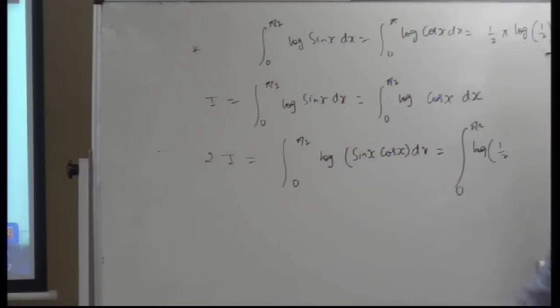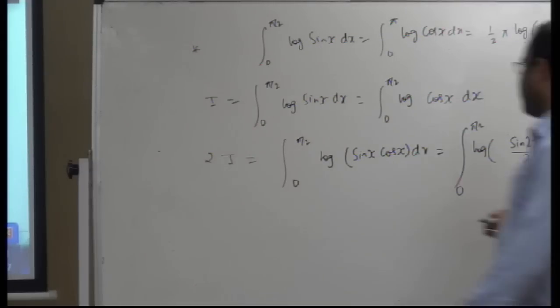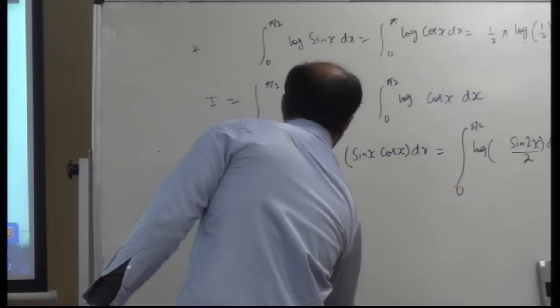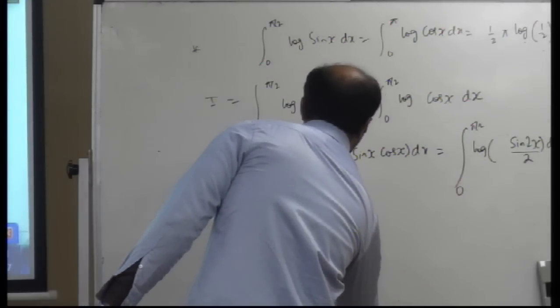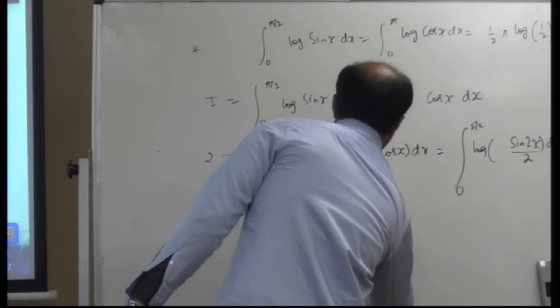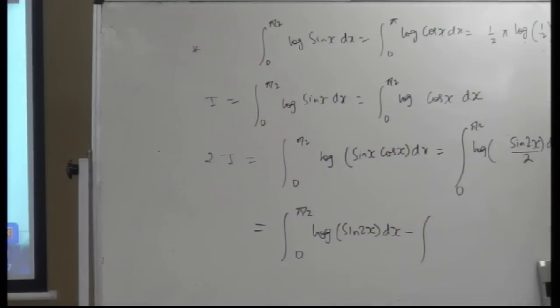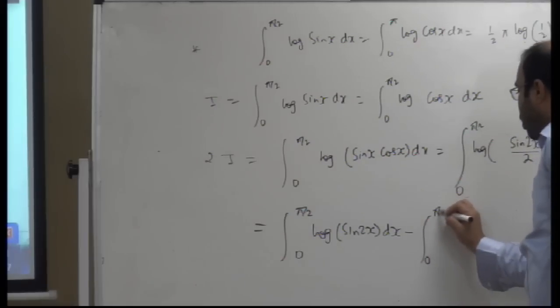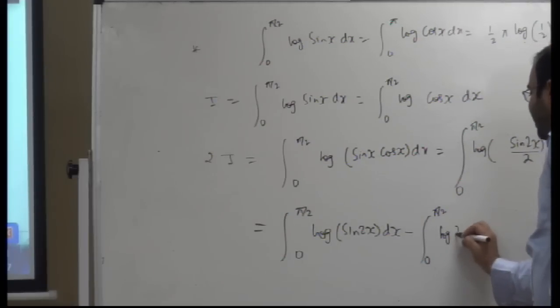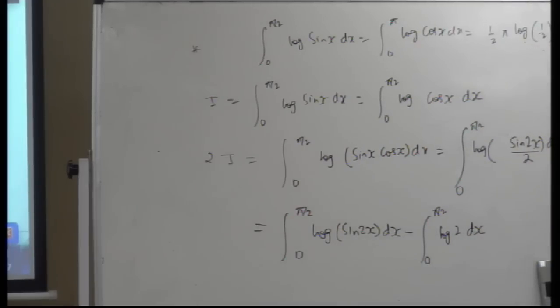When you divide by 2 and multiply by 2, this can be written as half of sin 2x dx, that is, sin 2x upon 2. Then just apply the formula: the integral from 0 to pi by 2 of log of sin 2x dx minus the integral from 0 to pi by 2 of log 2 dx. I hope it is okay with everyone now.